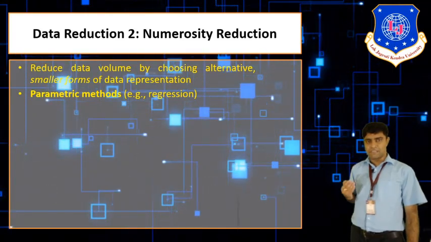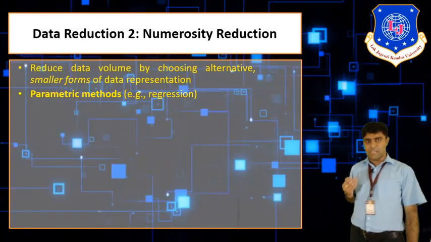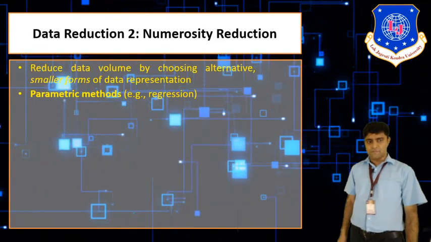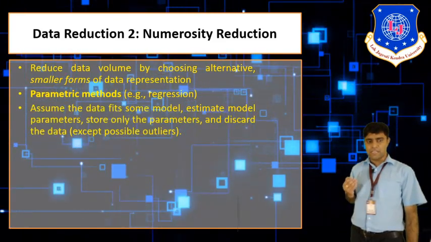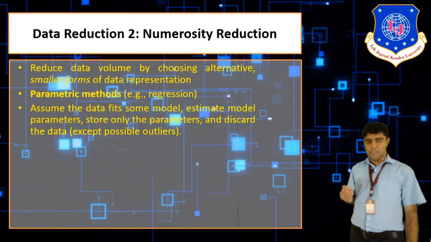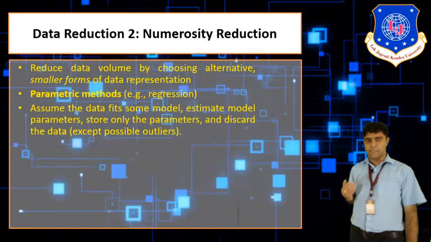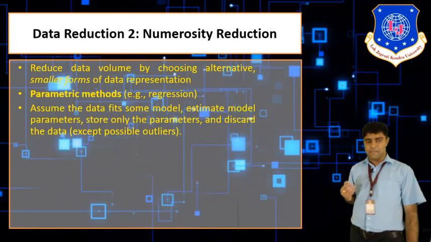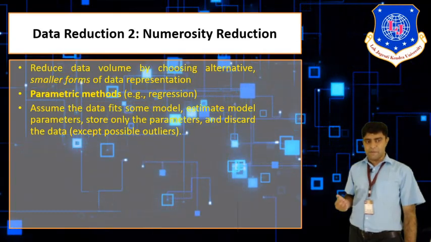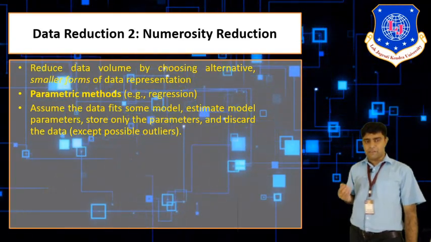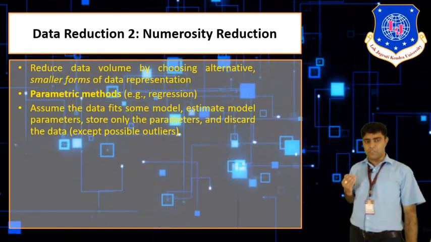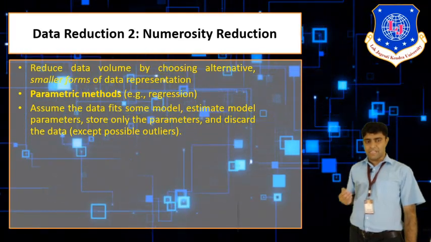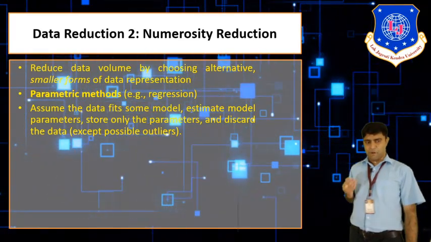Example: regression. Regression is one type of prediction technique. Assume the data fits some model, estimate the model parameters, and store only the parameters. Discard the data, except possible outliers.